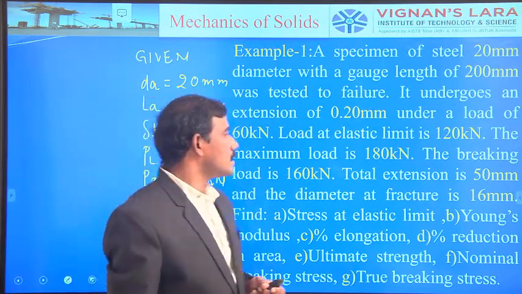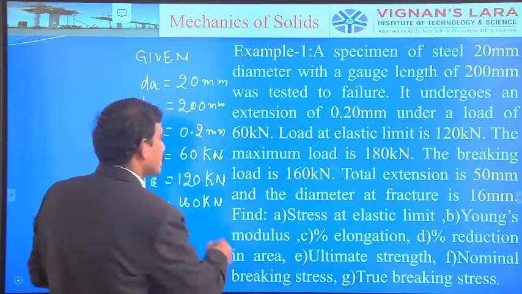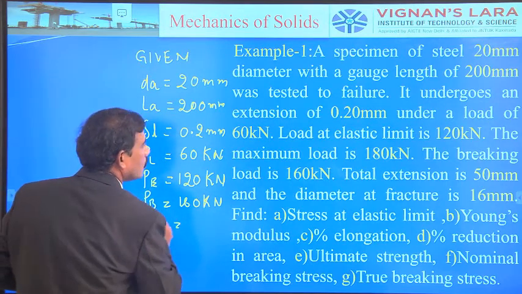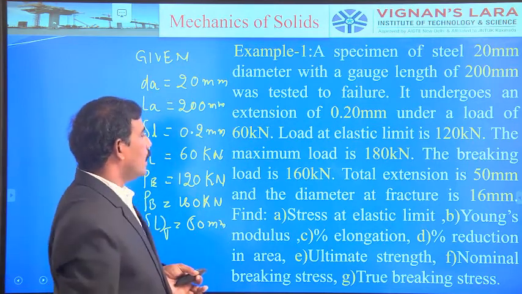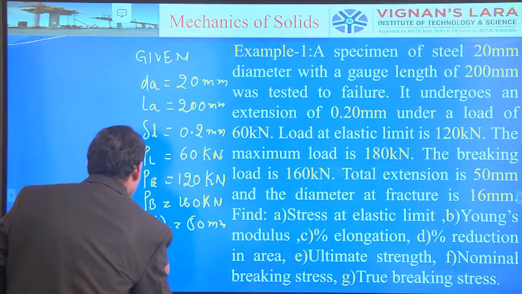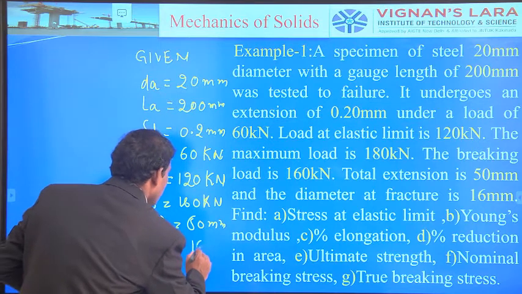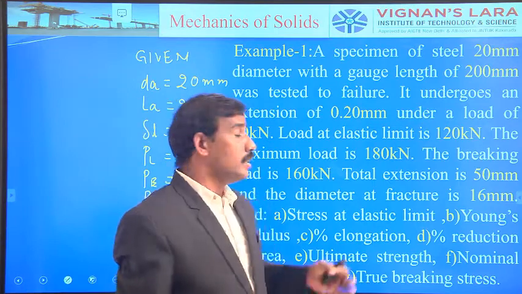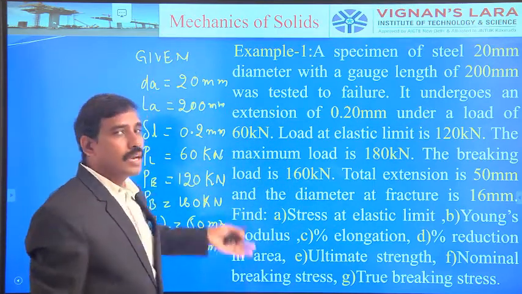The total extension, delta L total, is 50 mm. Then the diameter at fracture is 16 mm, that is the diameter of the material at fracture. Before solving any problem, it is better to note down the given data and what we have to calculate.